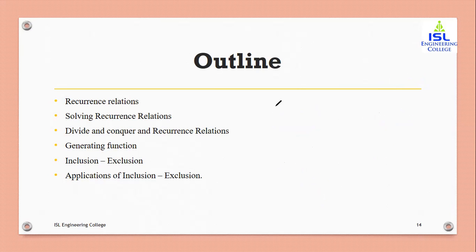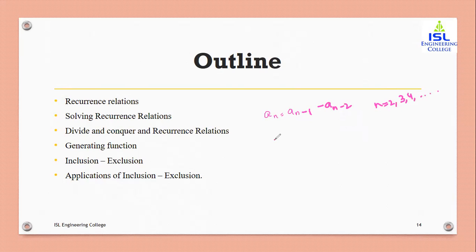Apart from that, suppose we have a sequence an that satisfies the recurrence relation an is equal to an minus 1 minus an minus 2 for n is equal to 2, 3, 4 and so on.